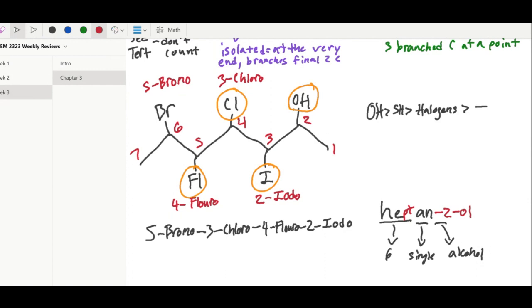I believe that's how you write it. And then all of this should just be shifted over. So this would be 3, this would be 5, this would be 4, and this would be 6.